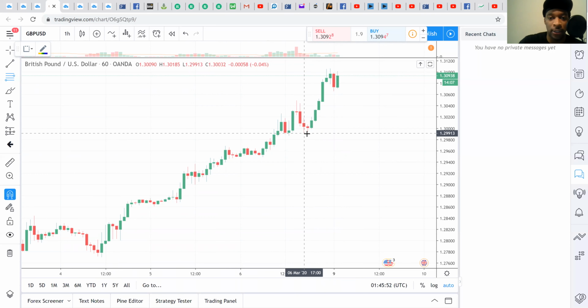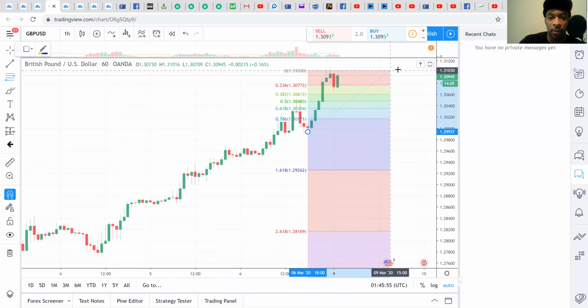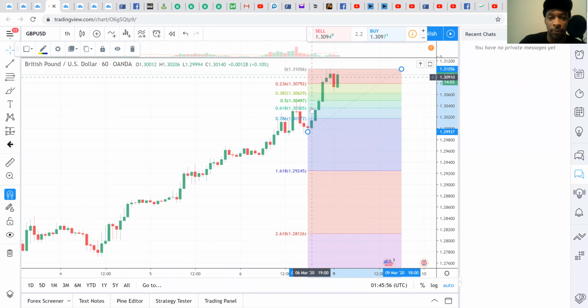So you should draw the Fibonacci from the low to the high. It's all based on the 1 hour chart, and wait for it to come back down to the 50 or the 0.618 area. That's like the 0.30491 or the 0.30391 area to get in for buys.